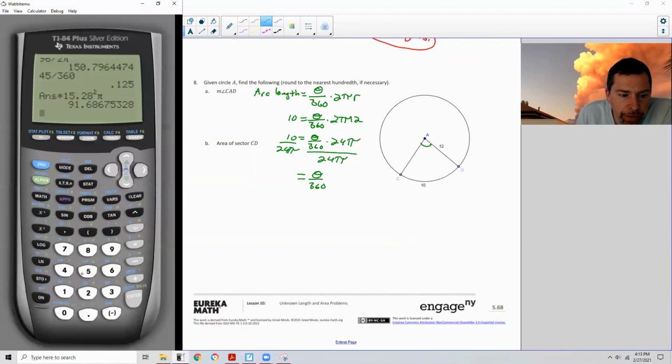Let's just do that. 10 divided by 24 pi. And that's not right. Remember what I said last time? 10 divided by parentheses 24 pi in parentheses. Enter. 0.1326.